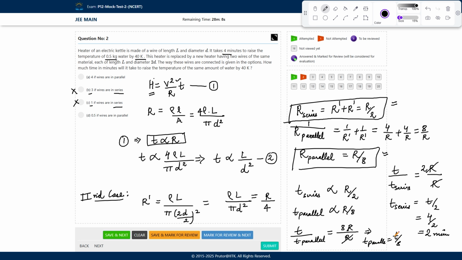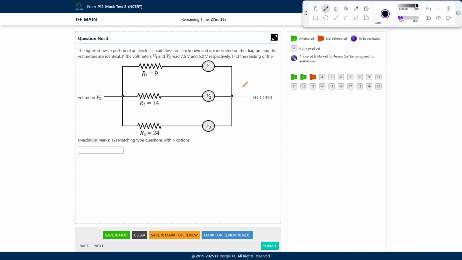This T is 4, so 4 by 8 is 0.5 minute. So 4 minutes if wires are parallel is wrong. What is the correct option? 0.5, option D is the correct option. So we'll mark option D as correct. Got it? So let's see the next question.